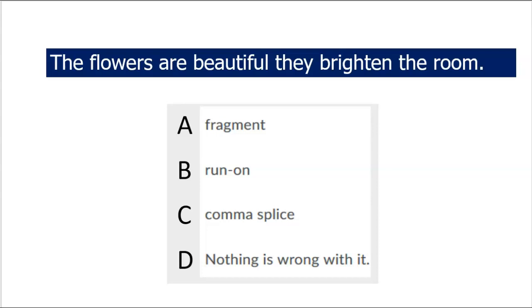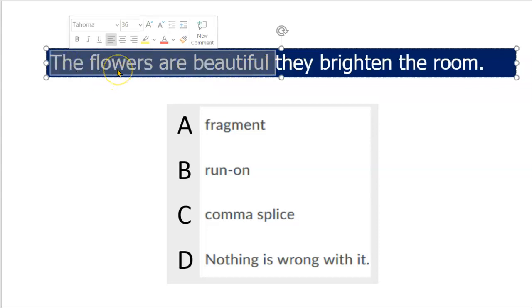This example right here is what we call a run-on. A run-on is simply when someone writes two completely different sentences and doesn't use proper punctuation. It just means that in this situation, there are two sentences that are smashed together. The first sentence is right here. The subject is flowers, and the verb is are. The beautiful describes the flowers.